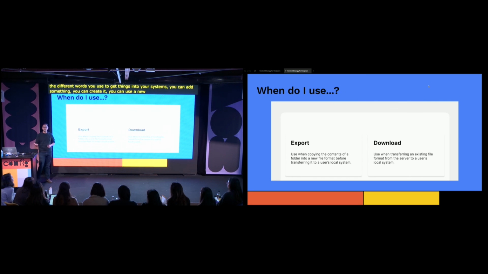When do you use each of those? Again, designers may make different decisions every time they encounter it, and you want to eliminate that guesswork and variation. Export and download are two good examples. Export, download, share: when are you using them? When you have multiple designers working on a single product, it's very easy for different aspects of the product to use different language.